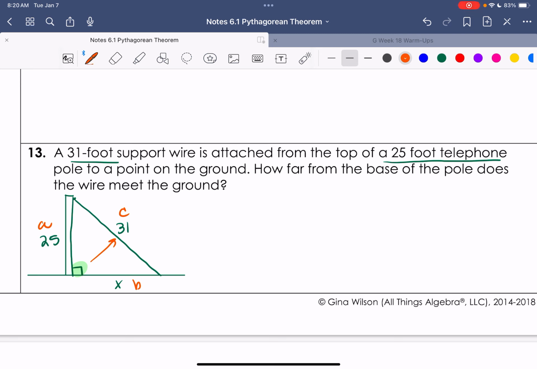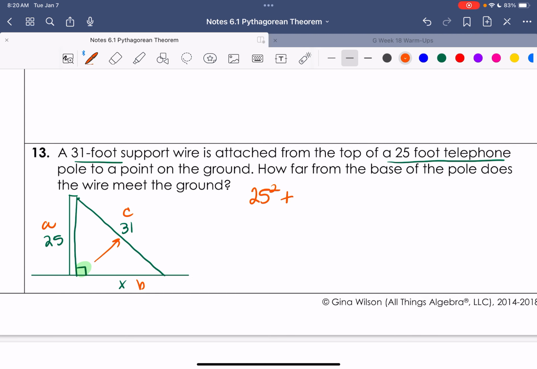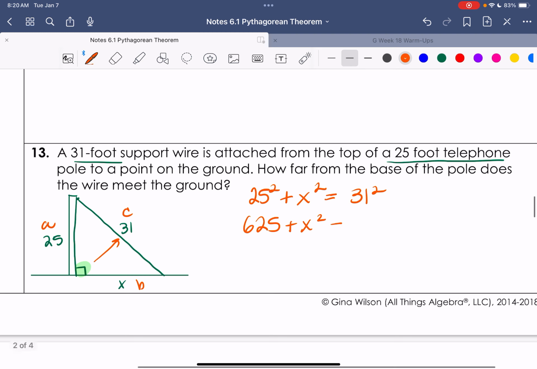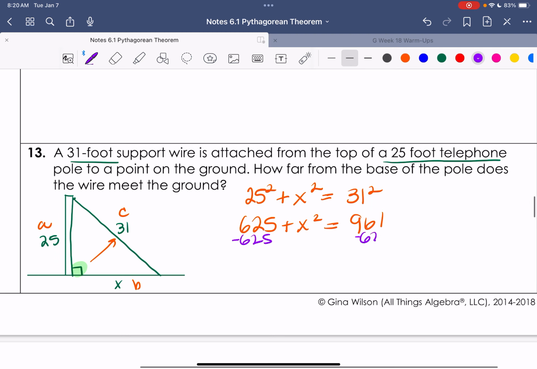Okay, so we have 25 squared plus X squared equals 31 squared. 25 squared is 625. 31 squared is 961. Let's subtract 625 from both sides.